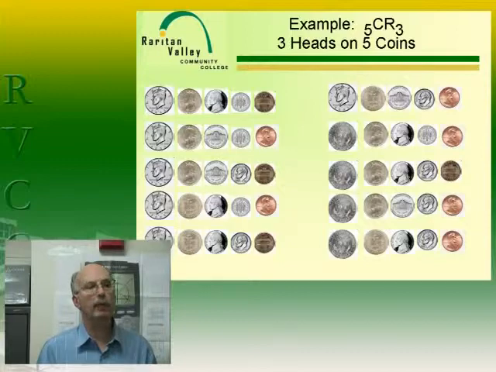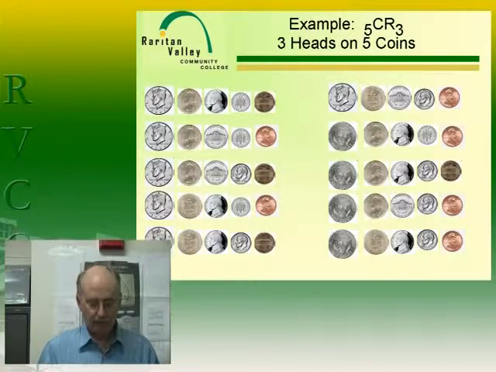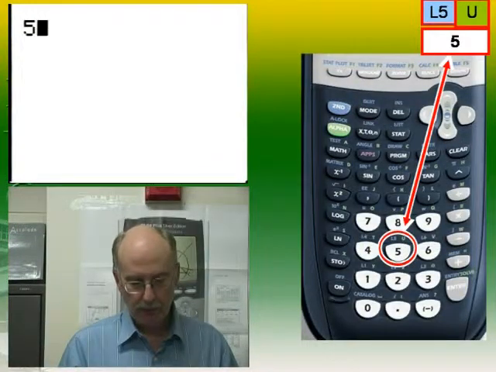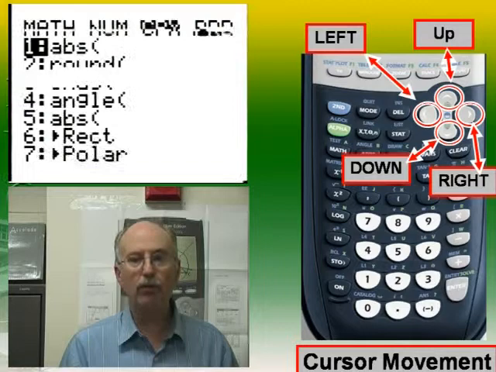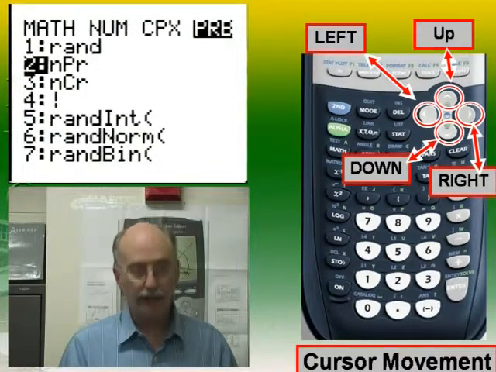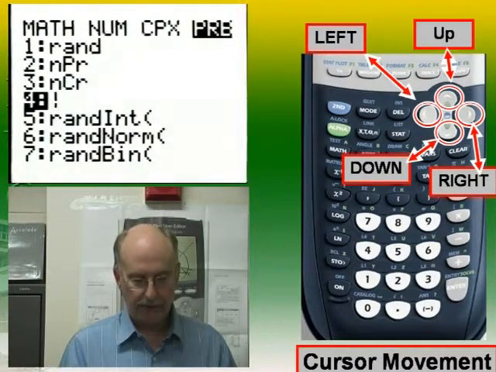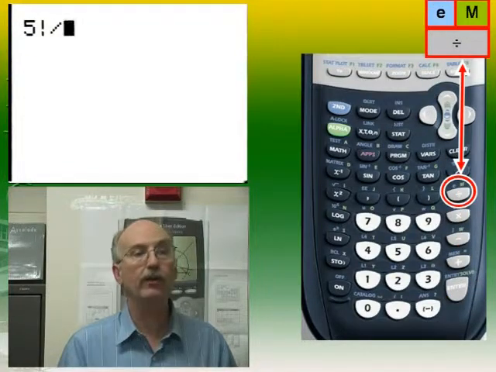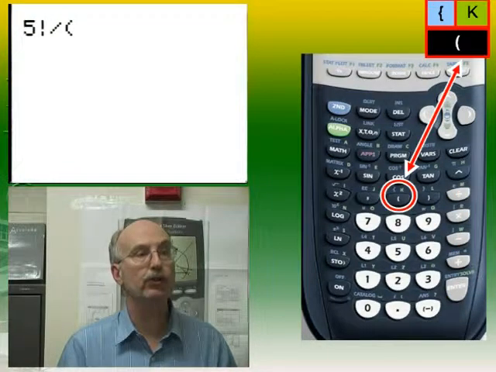Our formula would be parentheses 5 over 3, and we would do that as follows. We would take 5 factorial, and we would hit the math key, scroll over to probability, and scroll down to 4 to get the factorial, divided by, we'd put in a parentheses so we could get the order of operations correctly.